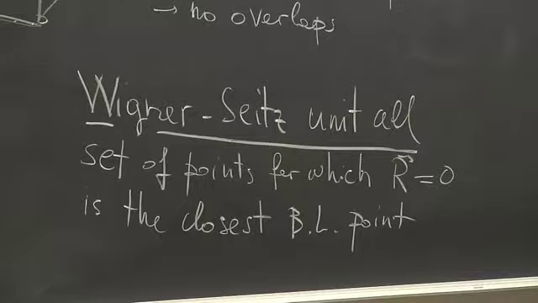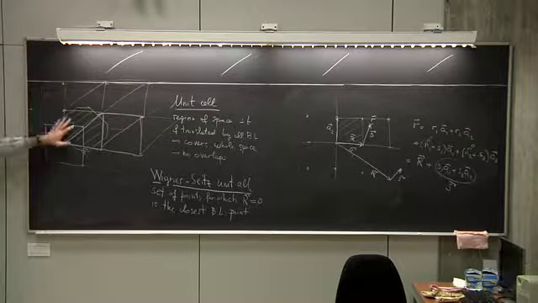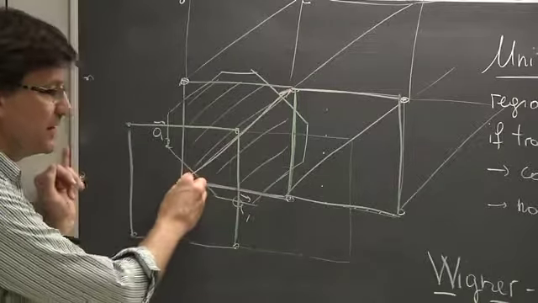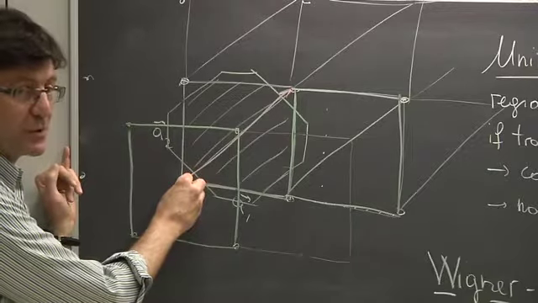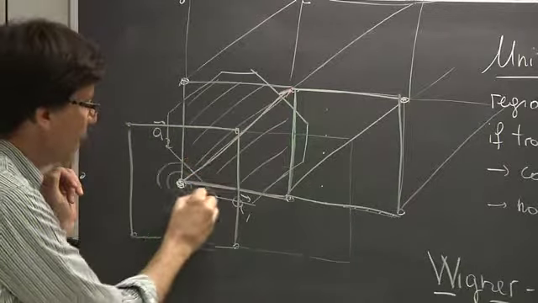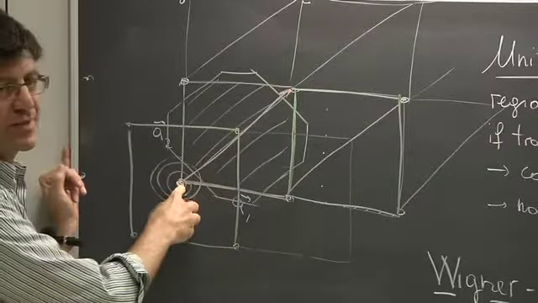In this plot here, what would be the Wigner-Seitz choice of the unit cell? This is the origin. What is the set of points for which this is the closest Bravais lattice point? Well, certainly, if I move around the origin, these points will have this one as the closest one.